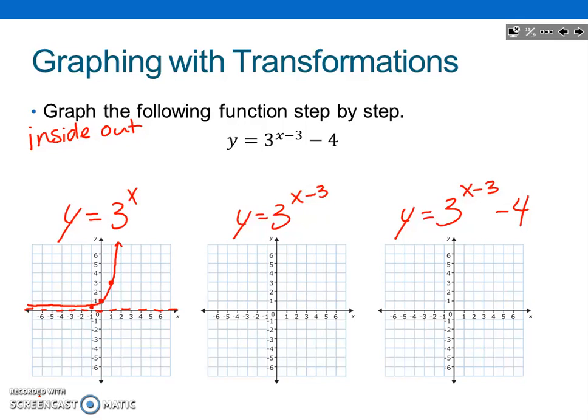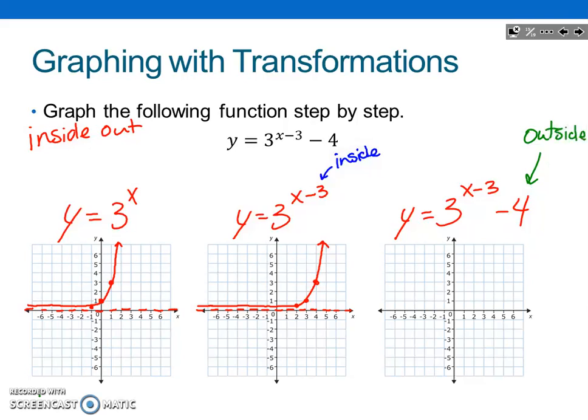Okay. Then I've got y equals 3 to the x minus 3 power. So that is a horizontal shift. That's inside. Okay, so it's going to move everything to the right 3. Each of my points moves to the right 3. Okay. And then my last shift is this negative 4, which is on the outside.